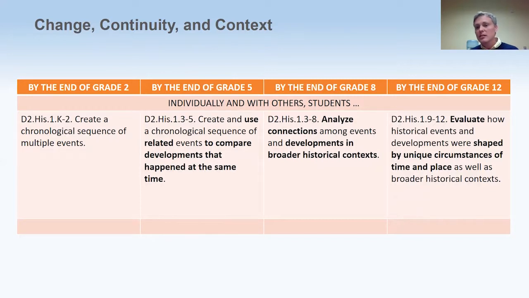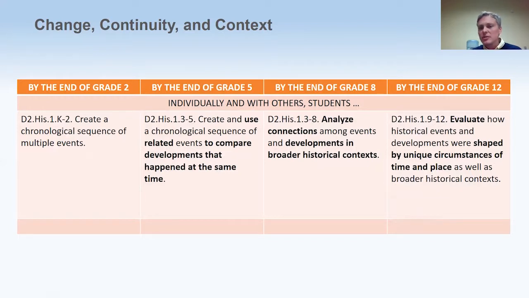And then from there, their learning becomes more sophisticated as they begin to analyze those connections, not just recognize them, but to start with that kind of deeper thinking and analysis, and to start recognizing similar or connected developments in a broader historical context.